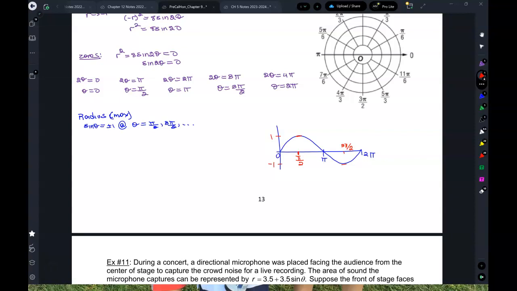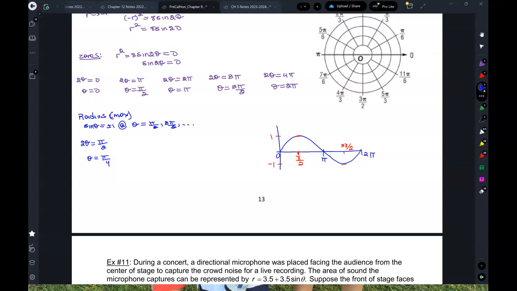So now, 2 theta is equal to pi over 2, so theta is equal to pi over 4. But now this is a lemniscate.